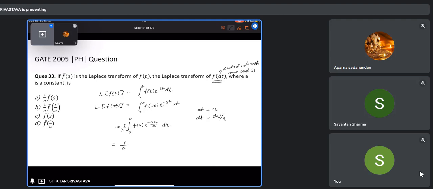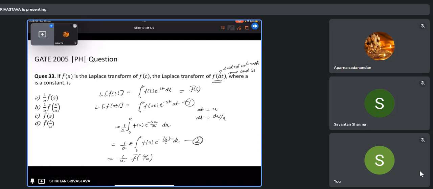So it will come as 1 by a, with exponential minus s by a times u, du. Now just compare 2 with 1. If you replace s in 1 with s by a, you will get 1 by a times F of s by a, because we know that this is F of s.